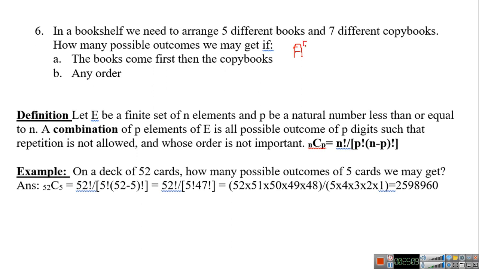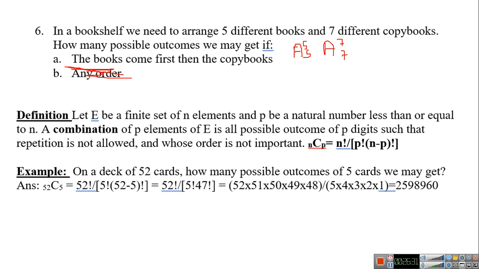You can write it as A5 of 5 or P of 5. Then I want to arrange the different copybooks, so 7 out of 7. Okay, so it's 5 out of 5 times 7 out of 7.